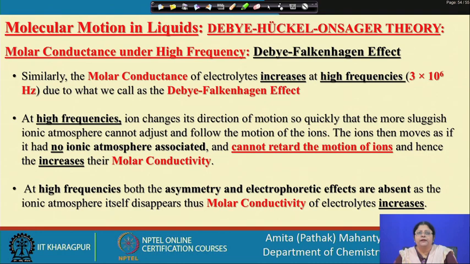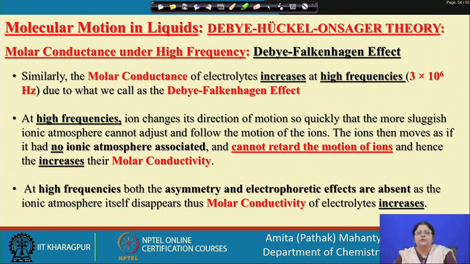The Falkenhagen effect is associated when we are applying a very high frequency. It's in hertz, which is the frequency which we are talking about in terms of the electrical field. So, the frequency at which we are using alternating current, the frequency by which the field goes clockwise and anti-clockwise is going to be affected.